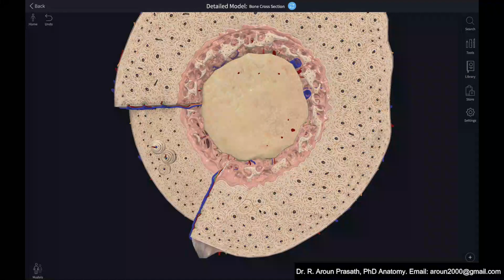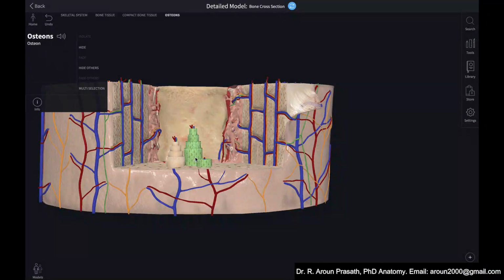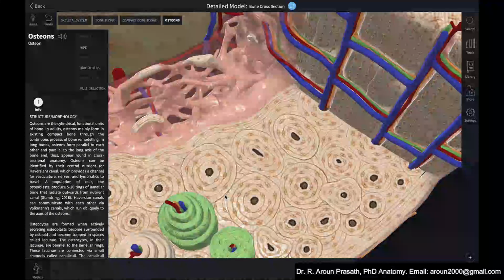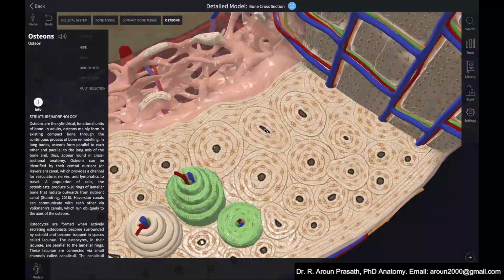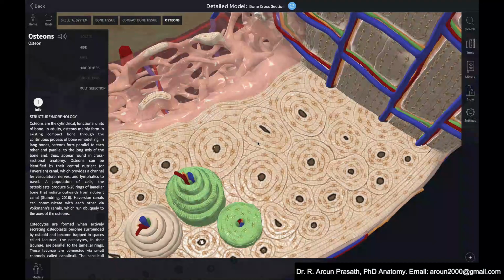If you take one circle here, the bone cells are arranged in a circular manner. This is called circular lamellae.